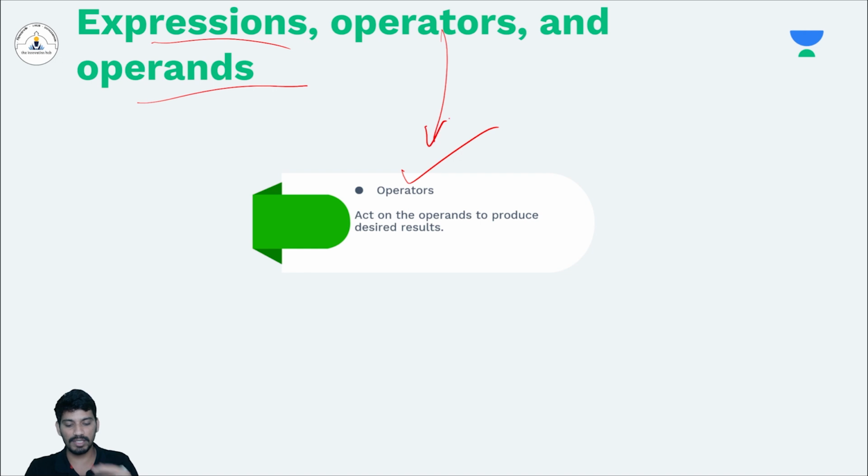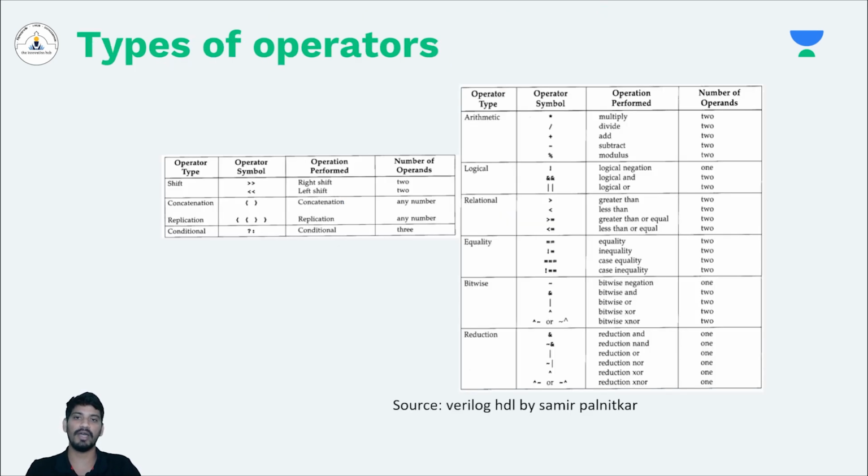Now let's see what an operator is. An operator acts on operands and produces a desired result. Like we have seen many operators like plus, multiplication, negation, and all. We'll see different kinds of operators in the coming slides. There are multiple operators available in Verilog, such as arithmetic operators, logic operators, relational operators, equality operators, bitwise, reduction, shift, concatenation, replication, and conditional.